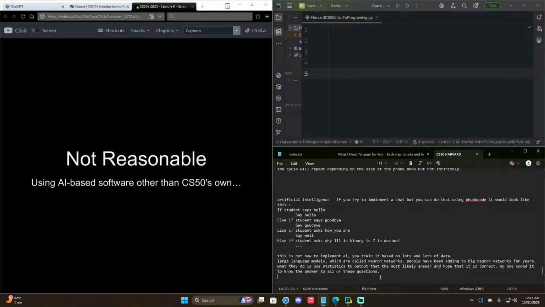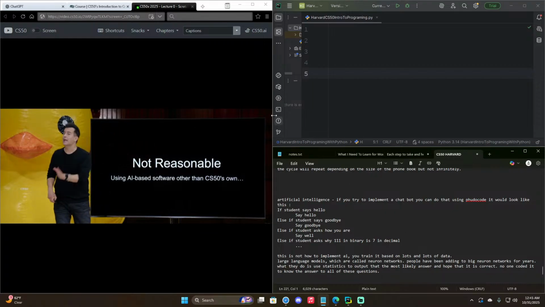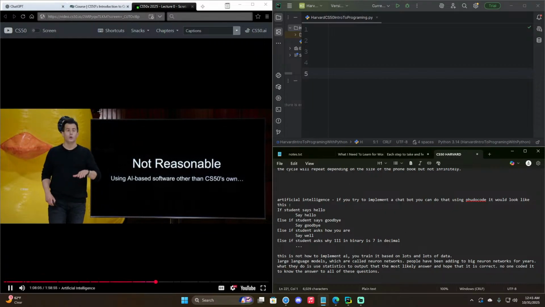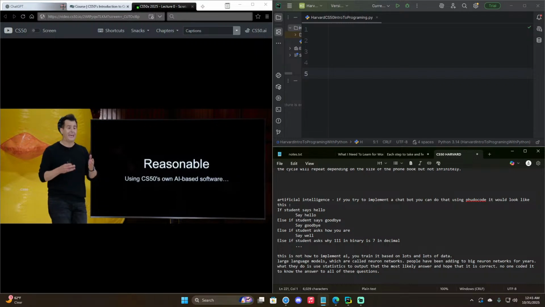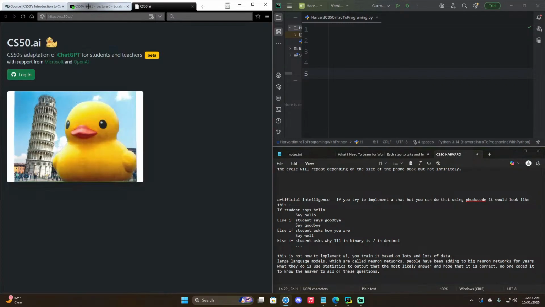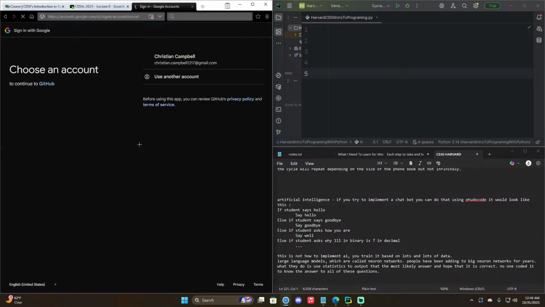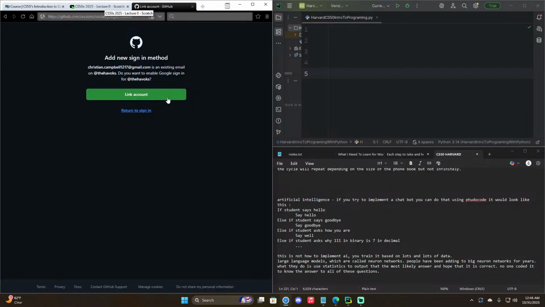It is not reasonable to use ChatGPT and the like, but you are allowed and encouraged to use CS50's own AI-based tools, which resemble those same tools, but know something about CS50 and aspire to behave akin to a good teaching fellow, guiding you to solutions as opposed to handing you something outright.